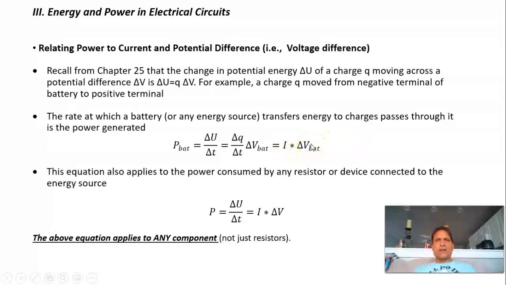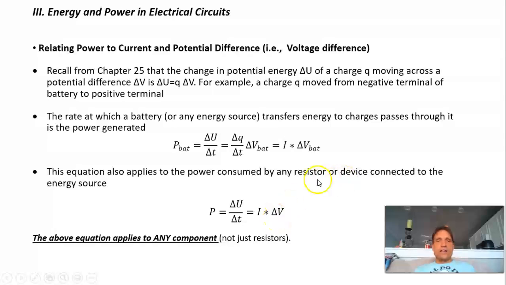Now, we can show that the power consumed by any resistor or device connected to the source also obeys a similar equation, only I is the current going through that element, and delta V is the potential difference across the element.